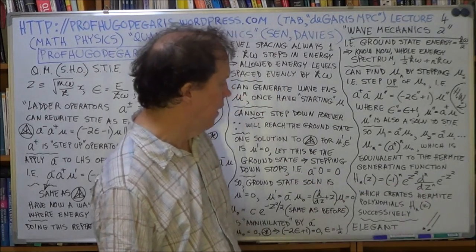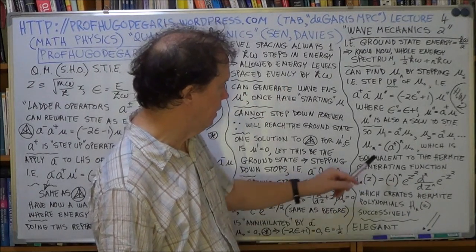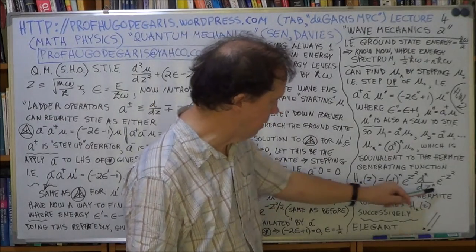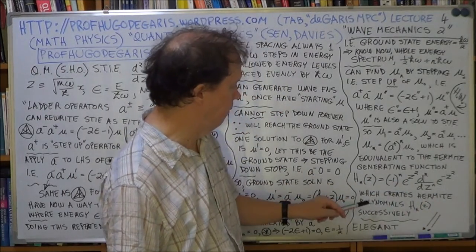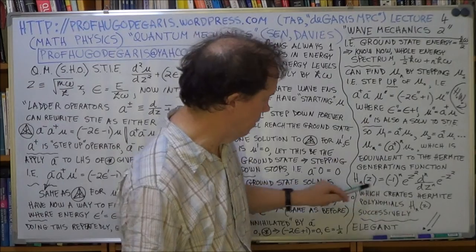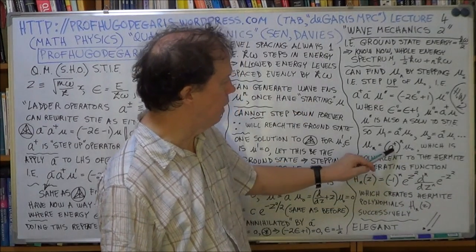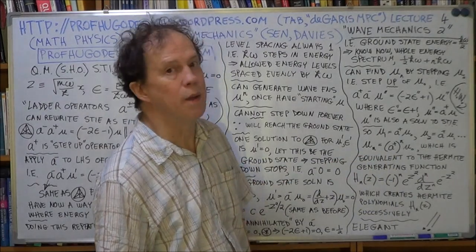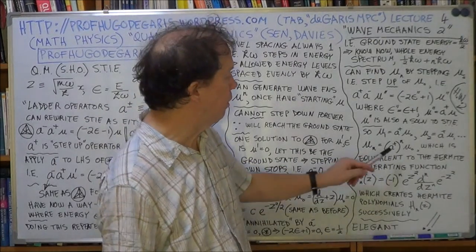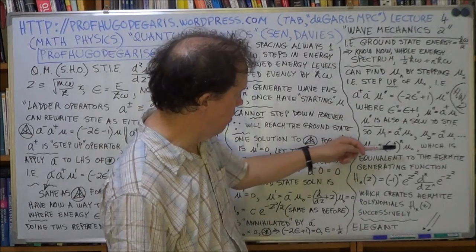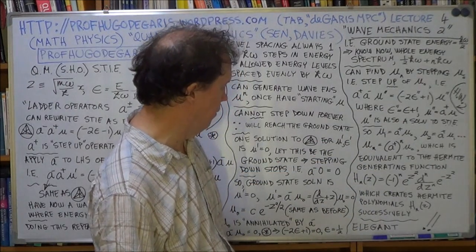This Hermite polynomial generator formula is equivalent to just applying the A plus, the step up operator, n times. So this and this are equivalent.